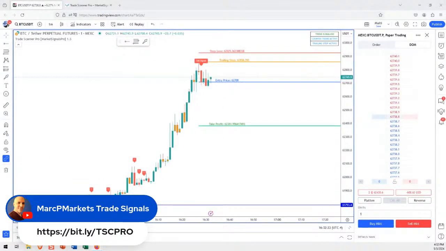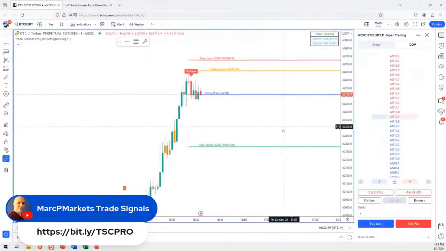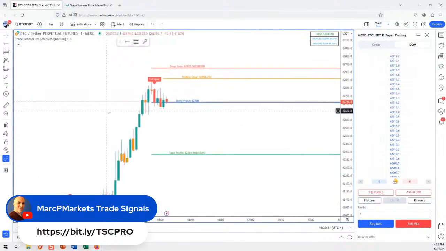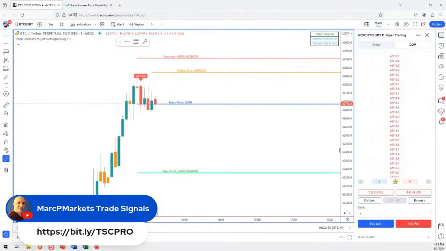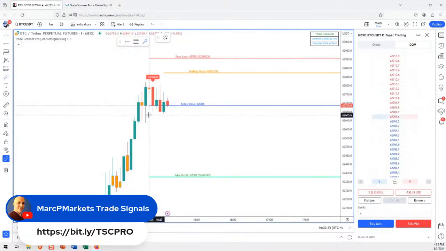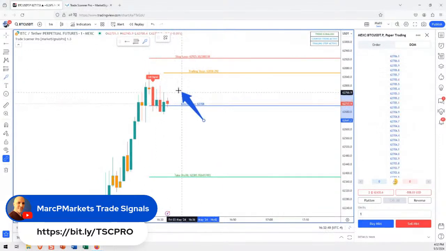Okay, so let's see what this thing does here. Now, one thing that I like to do, and I don't know if this is going to give me the opportunity, is in a situation like this, we get the signal, right? We got the signal, and then it goes against the signal, as you can see, like this little green here.